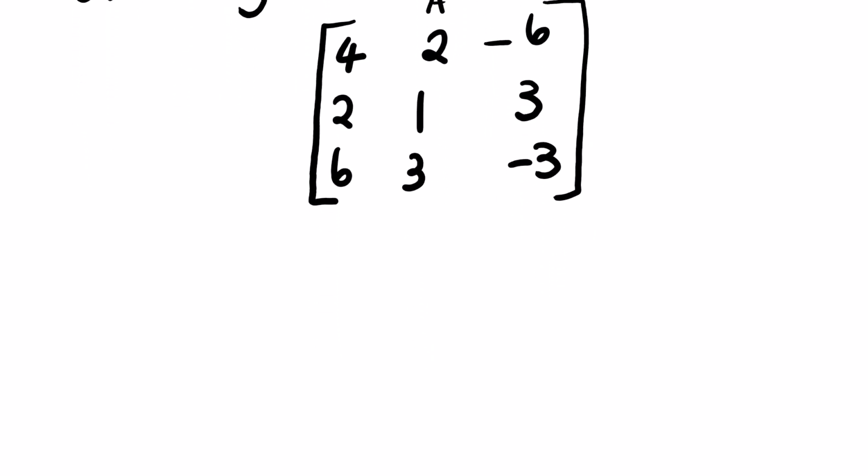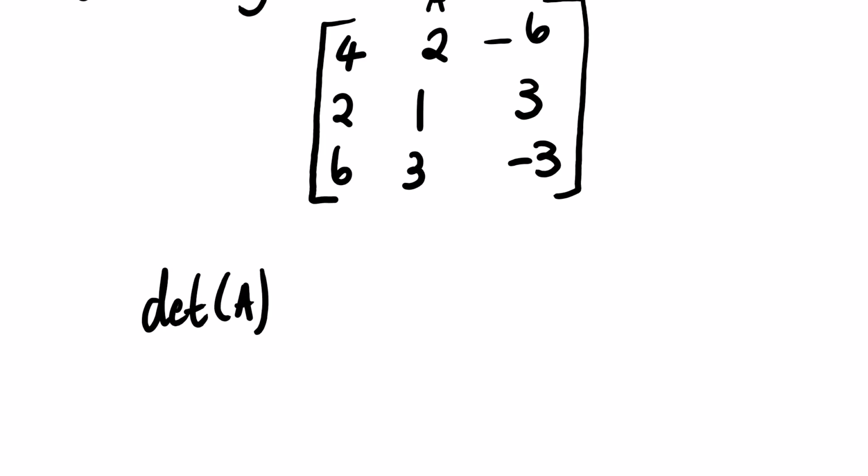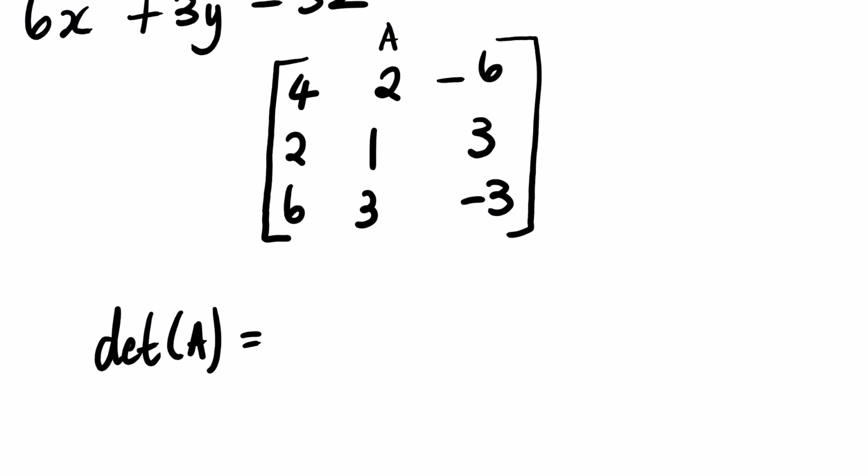Now we need to calculate the determinant. The determinant of matrix A is equal to, now for a 3x3 matrix, what we need to do is extend this matrix with the first two columns.